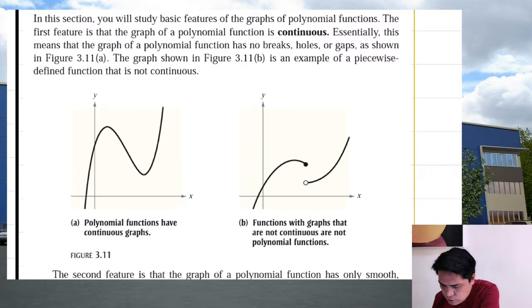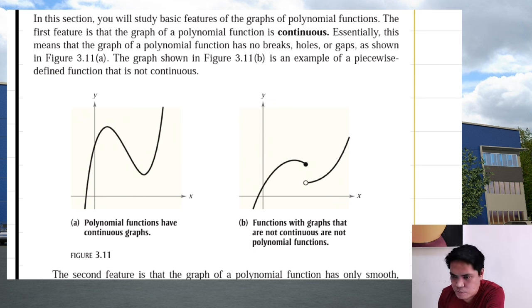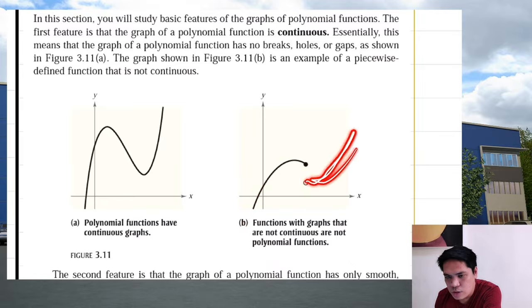So, the next function, letter B, is an example of a piecewise defined function. This is similar to what we solved earlier; piecewise, it has a condition. The formula is different here, the function is different here, and different here too. Okay?